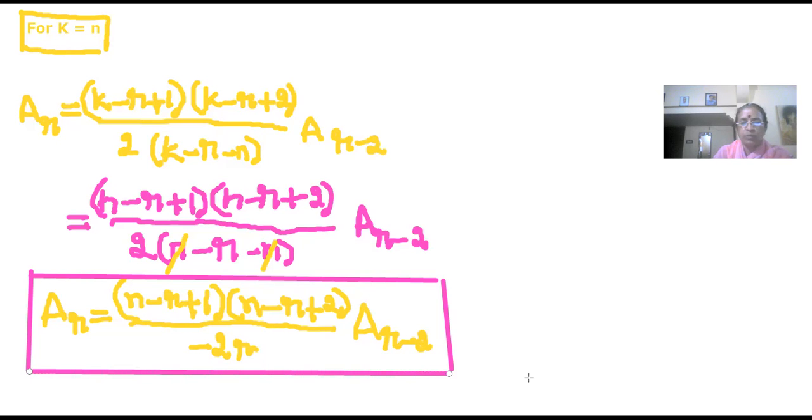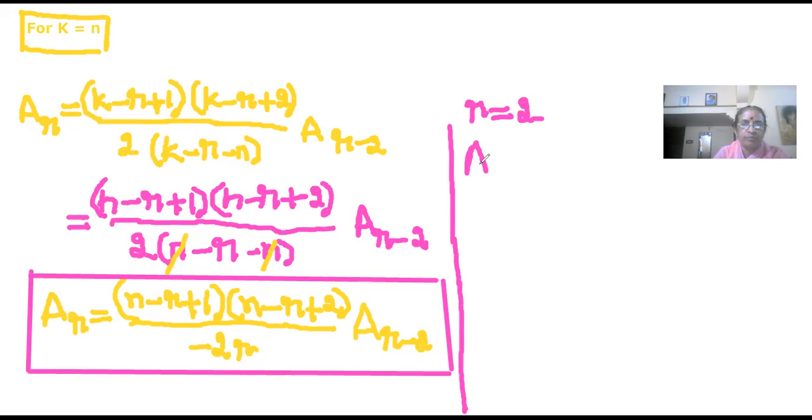Now, first case over. Because for R equal to 1 we got the answer, I'm going to consider another case, R equal to 2. When R becomes equal to 2, what is this value?